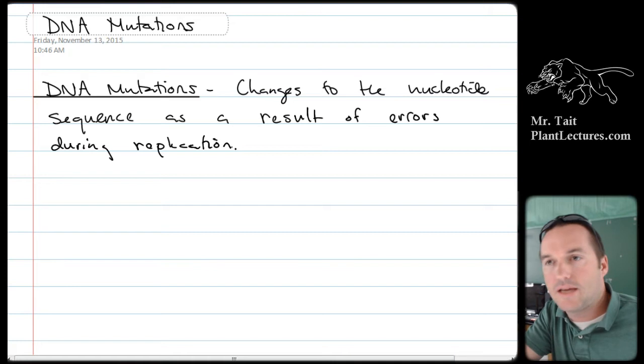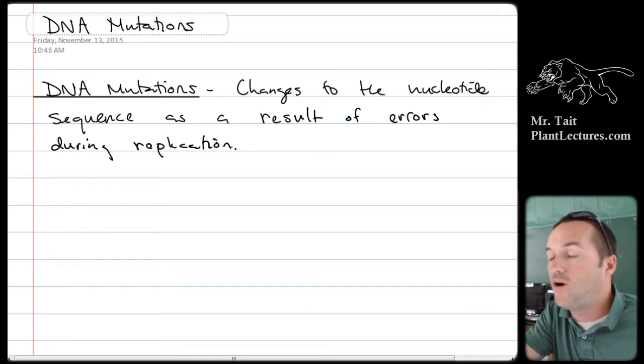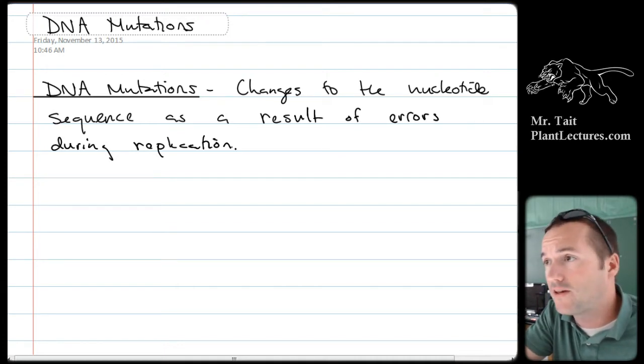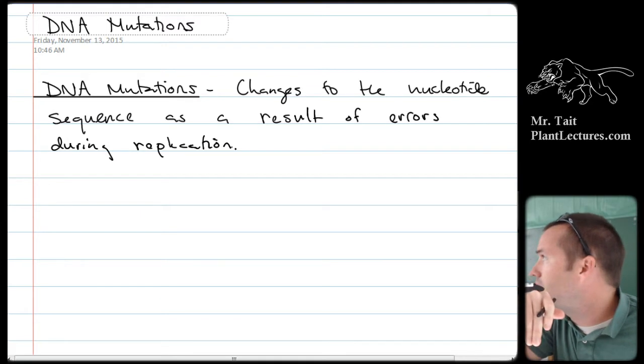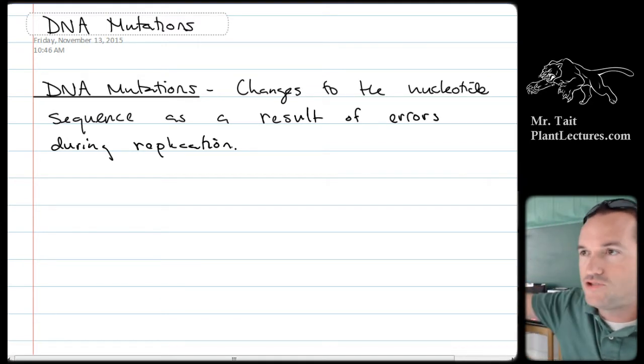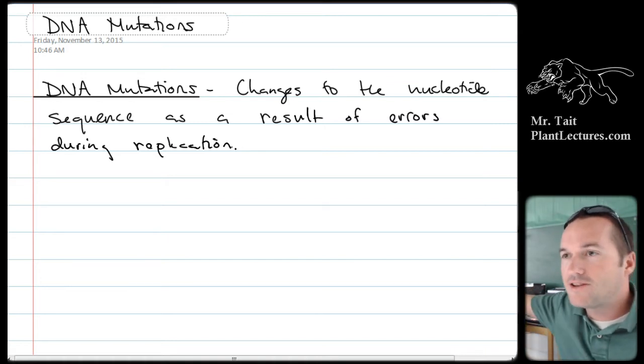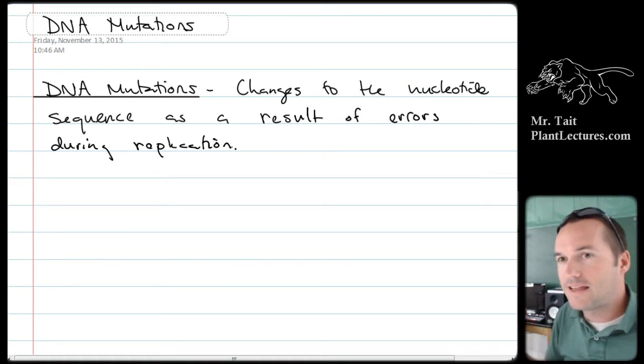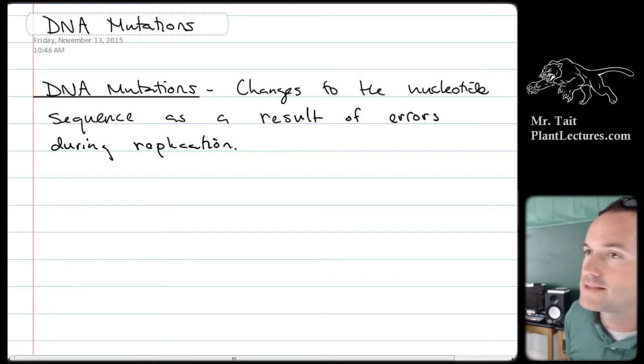But occasionally errors are made, and hopefully those errors would be caught during the G2 checkpoint, because that's what the G2 checkpoint's all about, making sure that the DNA was replicated correctly. But occasionally it's not caught, and that gene line or that lineage of cells will all have a slightly mutated gene. Sometimes it matters, sometimes it doesn't.